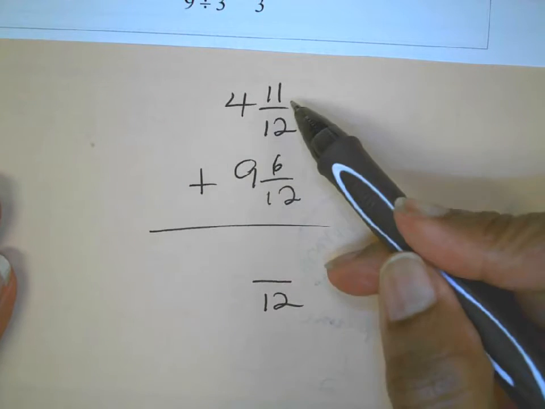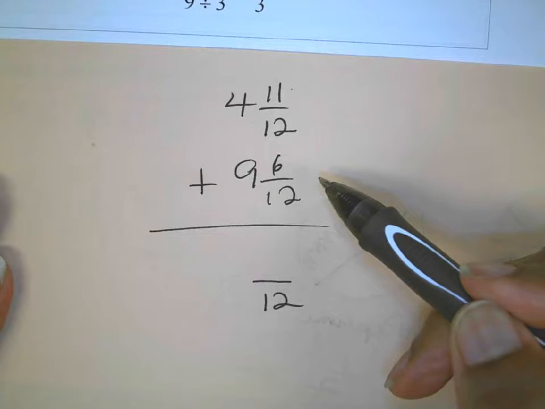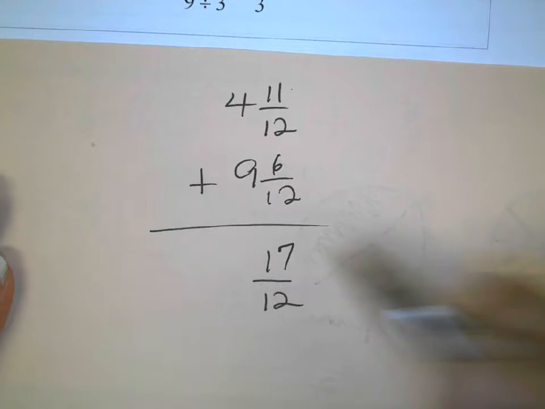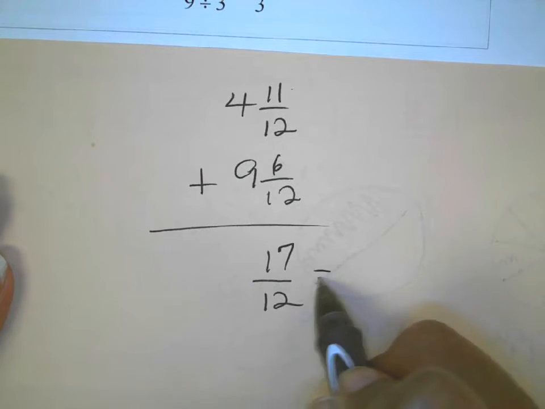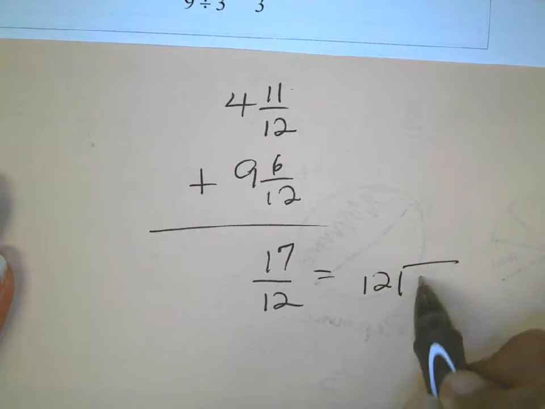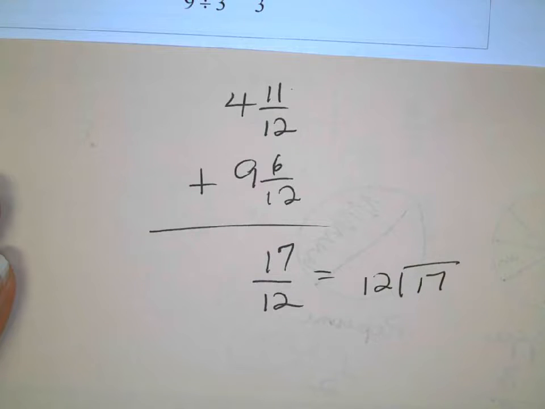And then what is 11 plus 6? 17. 11 plus 6 is 17, right? Then I need to divide 12 into 17 because this is improper. I need to make it a mixed number.